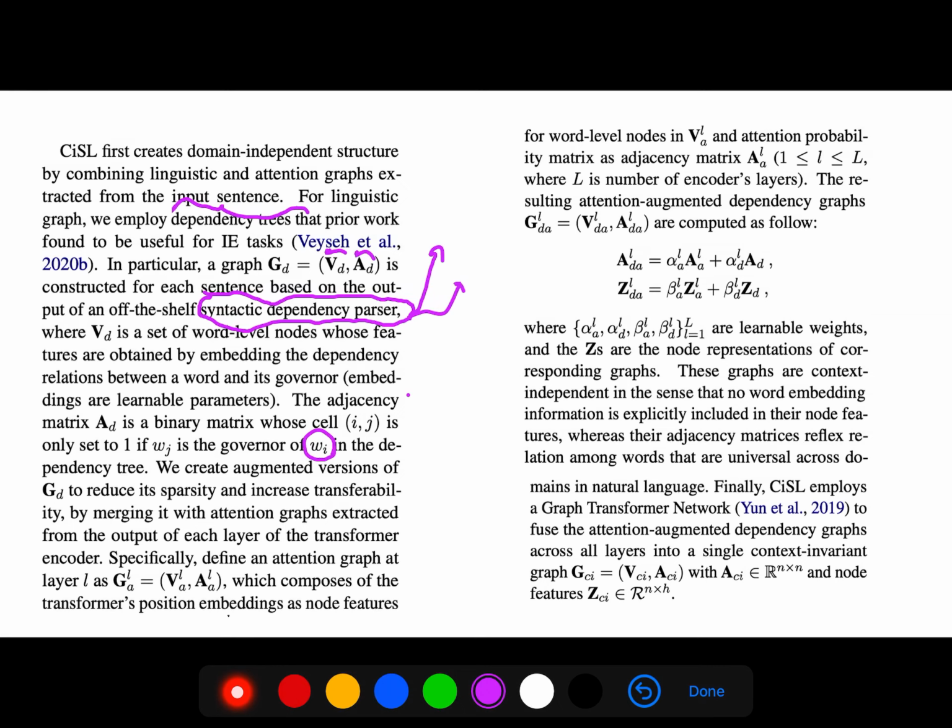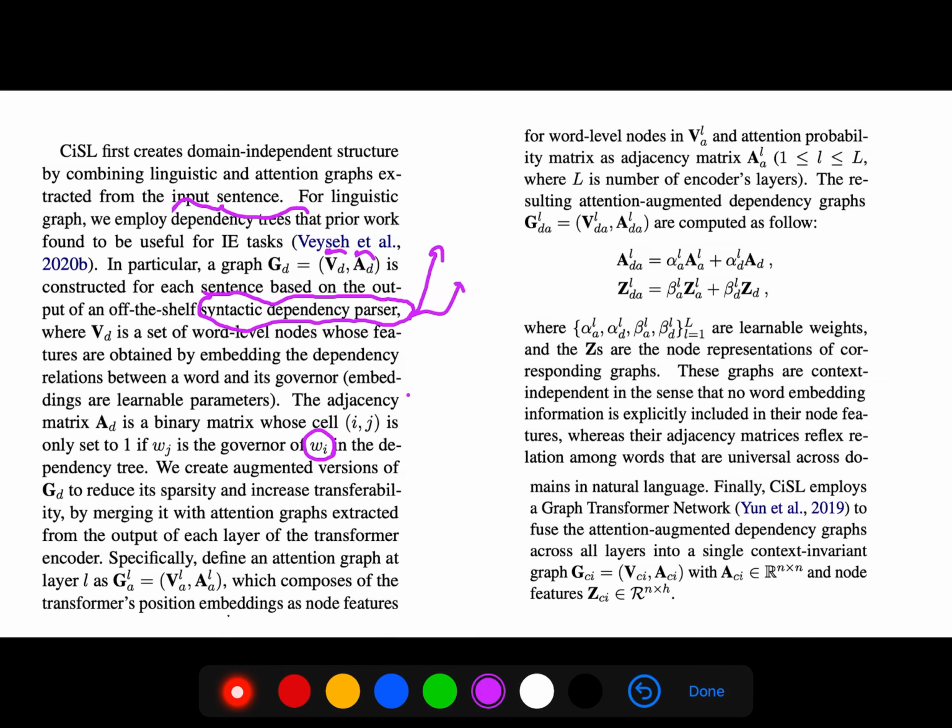We create augmented versions of G sub D to reduce its sparsity and increase transferability by merging it with attention graphs extracted from the output of each layer of the transformer encoder.